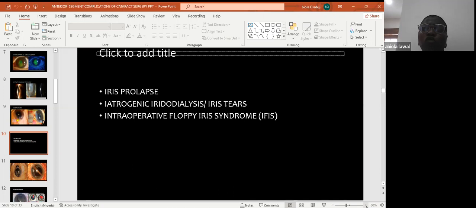There's risk of trauma to the iris. You can have iatrogenic iridodialysis, iris tears, which can cause bleeding intraoperatively. So when this is noticed, particularly in obese patients, a good step is to try and loosen the external speculum.